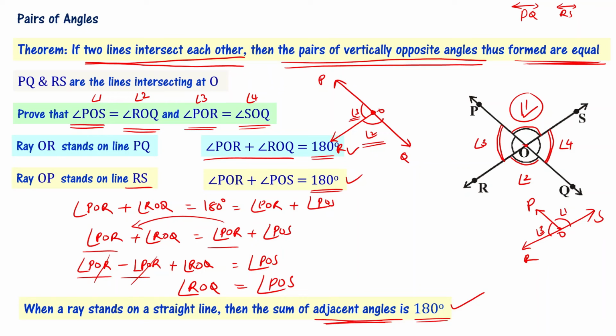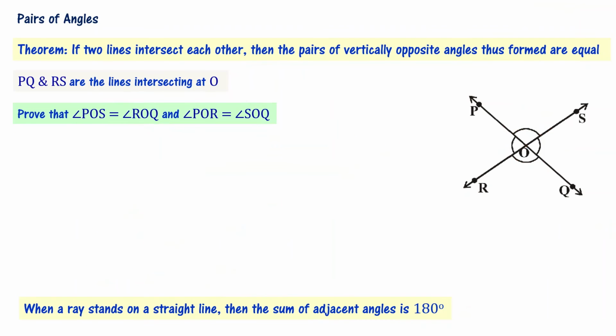Is this what we wanted to prove? First part is done: angle POS is equal to angle ROQ. Now let's try to prove that angle POR is equal to angle SOQ. For that, you observe this. Ray OS is standing on PQ, right?